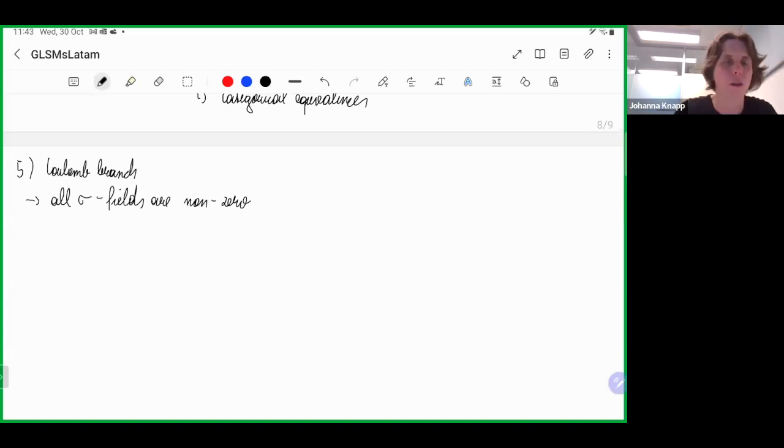If you have a complicated theory, or you don't even have to go to a more complicated theory, you can just look at the two U(1) squared example that is given as an exercise in the lecture notes. You will already see there is also a mixture between Coulomb and Higgs branches, but I will not discuss those. So all the sigma fields are non-zero.